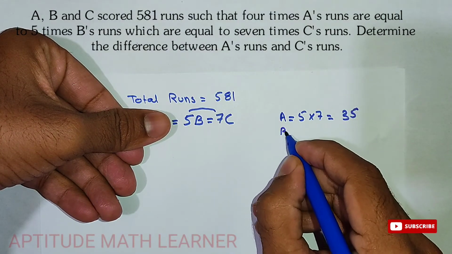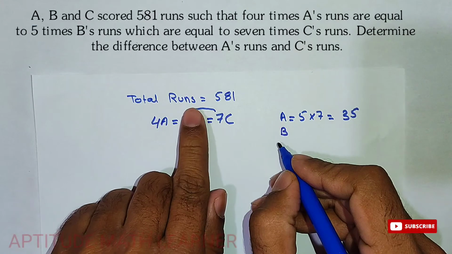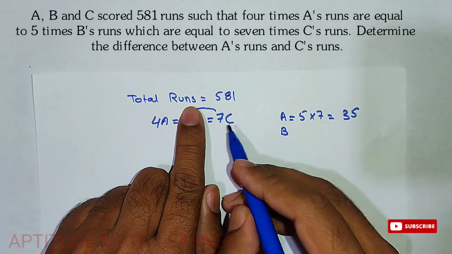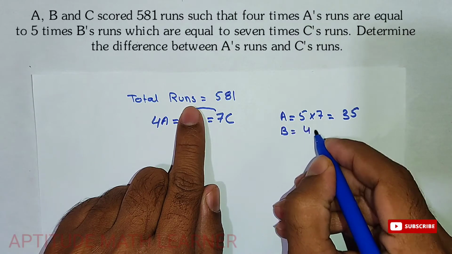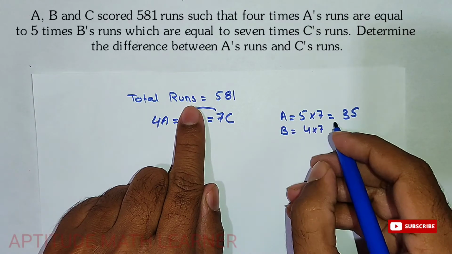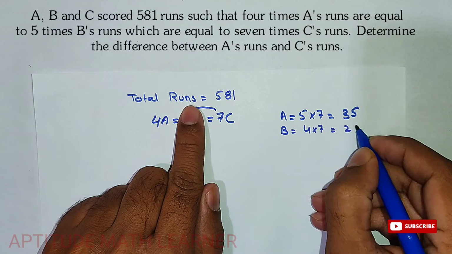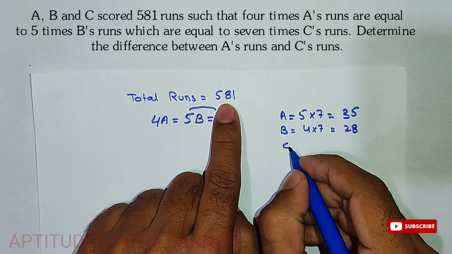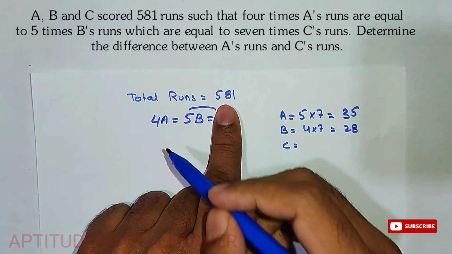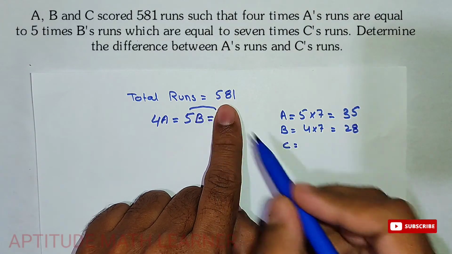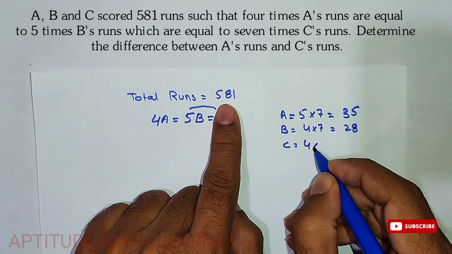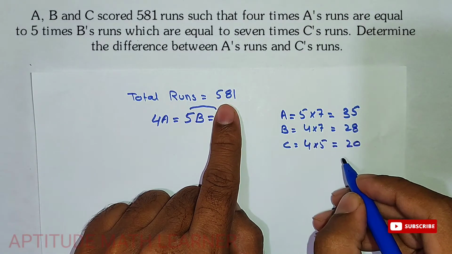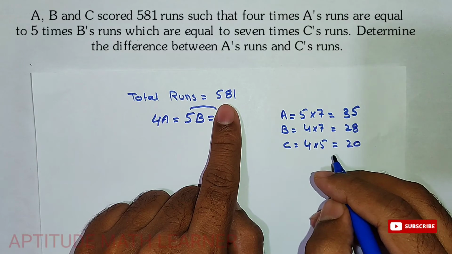For B we hide B, and 4 multiplied by 7 becomes 28. And for C we hide the portion of C, and 4 multiplied by 5 is 20. I hope you have understood till here.